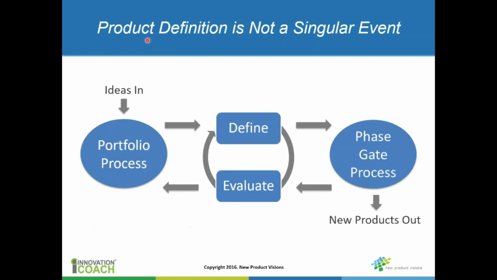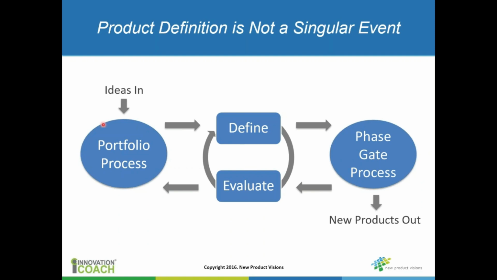Again, in my view, developing this product definition is not necessarily a singular event. You're going to define a product, sit down with folks, evaluate that definition, meet with all the stakeholders, and go around the loop multiple times. It might take multiple iterations of this document to get to an agreed upon definition of what you're going to develop.